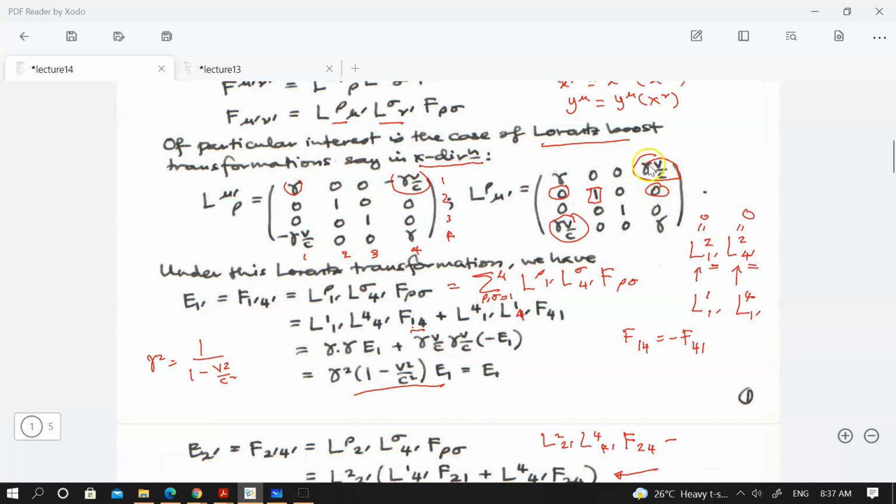Right. So the fourth column, I have the option of taking this one. No, okay. I should have done this more systematically than what I said. So at the fourth column, I will have the non-zero elements at the first row and the fourth row. Okay, so let me go back here.